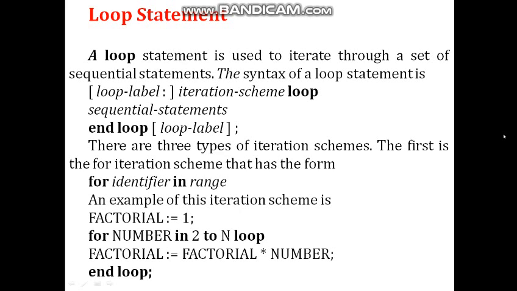The body of the for loop is executed n-1 times with the loop identifier, number, being incremented by 1 at the end of each iteration. The object number is implicitly declared within the for loop to belong to the integer type whose values are in the range 2 to n. No explicit declaration for the loop identifier is therefore necessary.